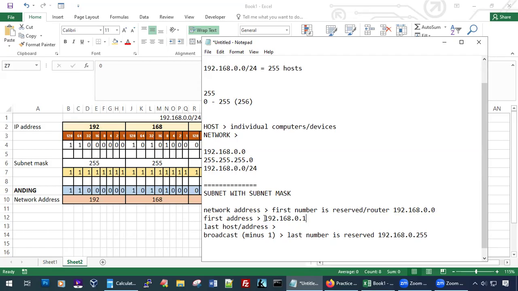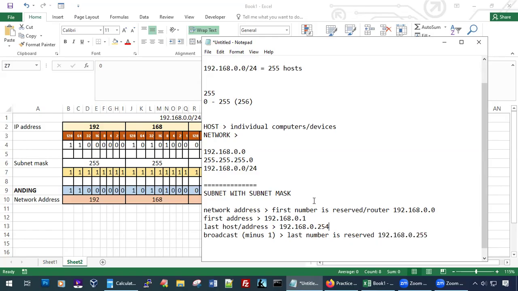The best way to go about that is to say the address after this one. So all you're changing here is the host. The first usable address is going to be 192.168.0.1. And the last usable host address is going to be the address just before the broadcast address. So that's going to be 192.168.0.what? 254.